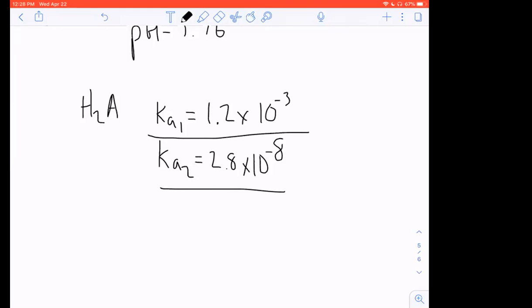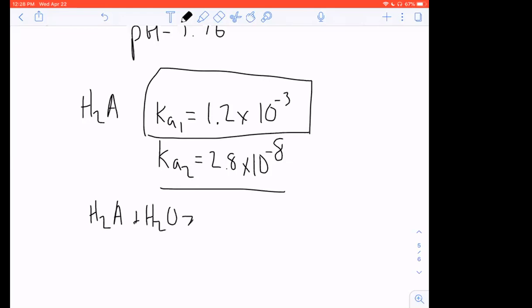Basically, if you have a polyprotic acid, just find the pH using that first Ka. So you'd have that equation: H2A plus H2O gives you HA minus plus H3O plus. You start off with whatever concentration you have here, we'll say a concentration of 1 molar for the purpose of this.